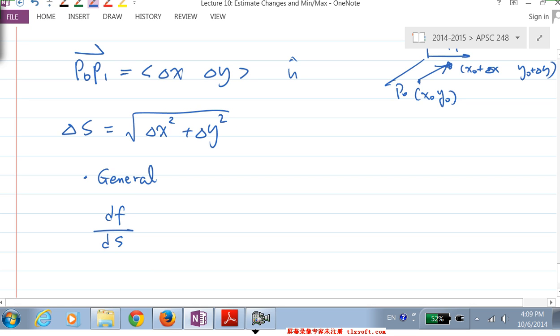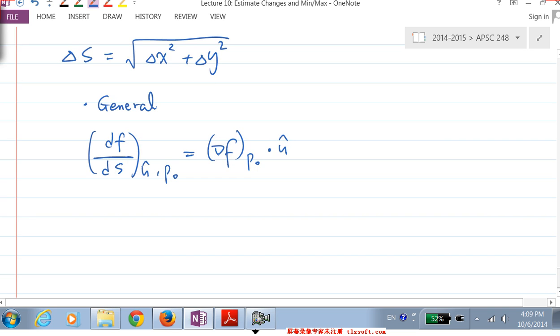This is a directional derivative at a certain point, and that equals gradient of f at p naught dot u hat. That's the directional derivative.